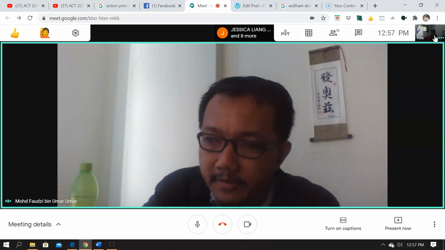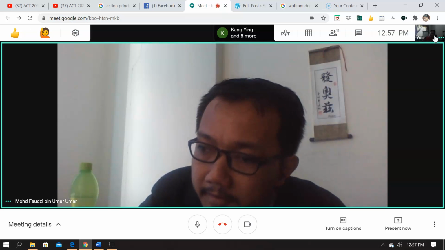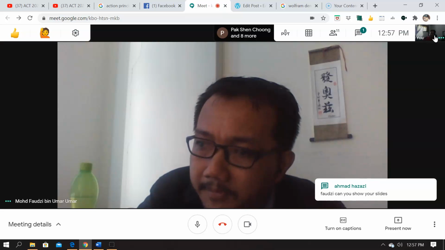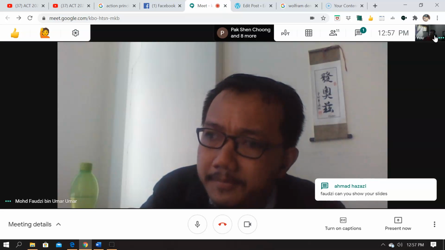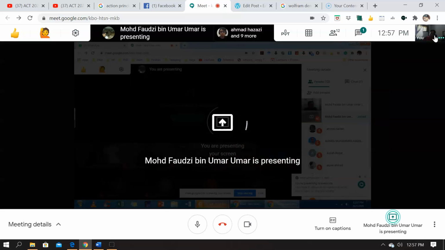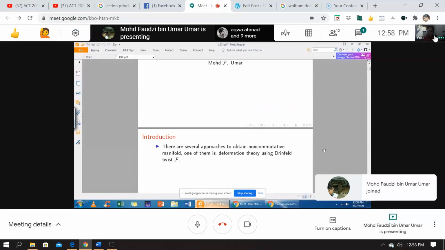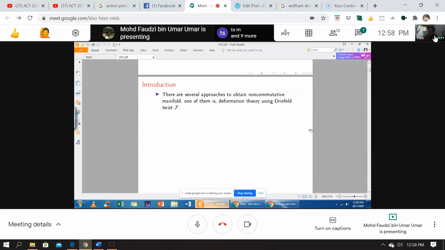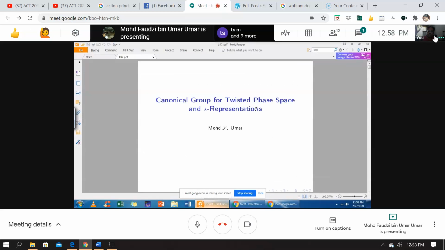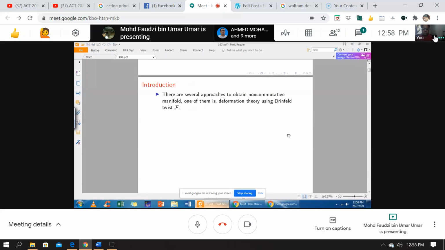My idea here actually is that I would like to twist the phase space. The twisted phase space implies non-commutative position in our phase space.